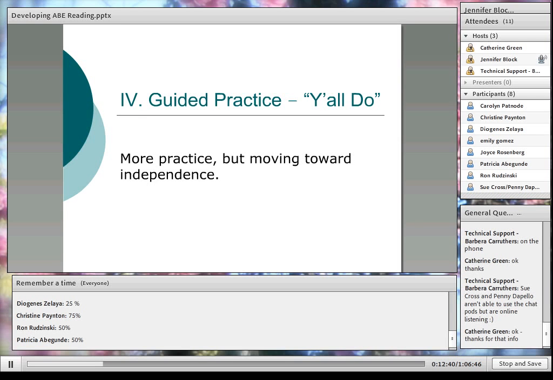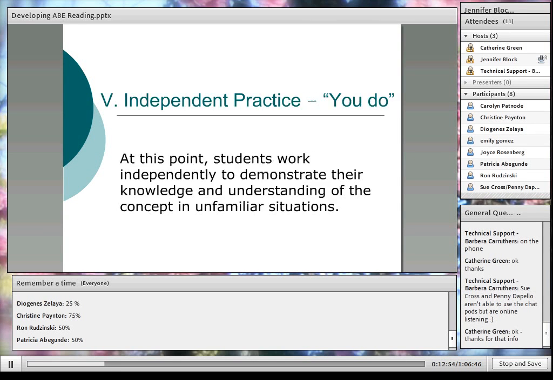Again, we're trying to make students independent learners and gradually releasing them, and that's the guided practice model. Okay, so we've got a sheltered guided practice, a more independent guided practice, and then, of course, in step 5, we release them into independent practice, which is the You Do step.